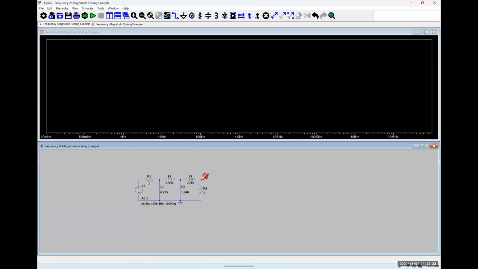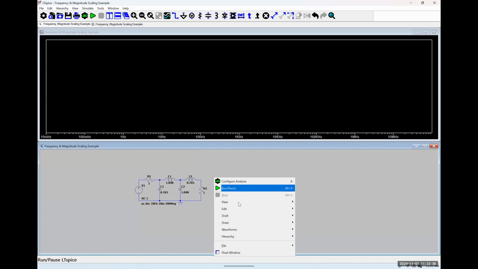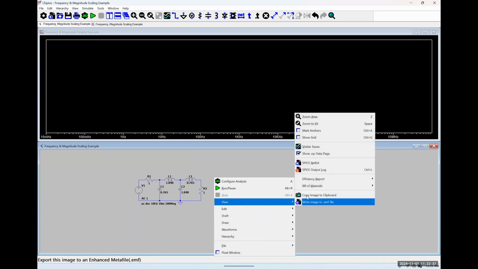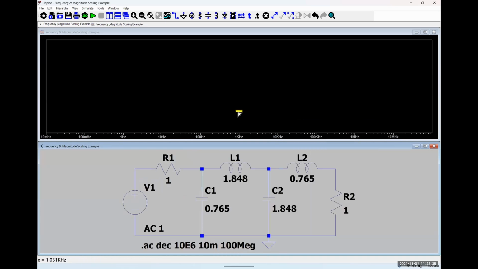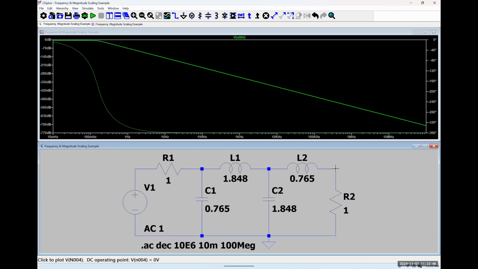Okay, so I'm simulating this circuit. Nothing particularly wild or crazy there. Let me just make this thing fit. And my output voltage is the voltage drop across that resistor R2, and I have what looks like a low pass filter.